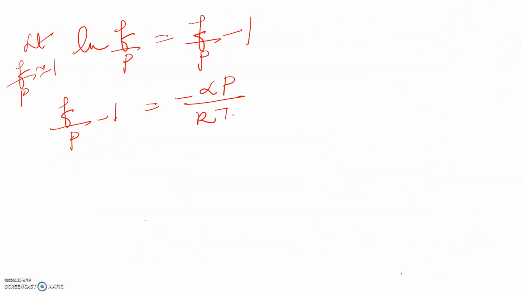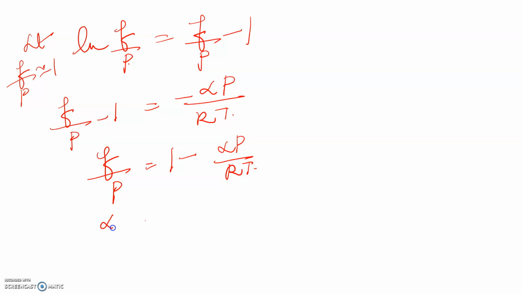So using this, limit f by p tends to 1, ln f by p becomes equal to f by p minus 1, or we can write f by p minus 1 is minus alpha p by RT. Or from this, f by p is equal to 1 minus alpha p by RT.